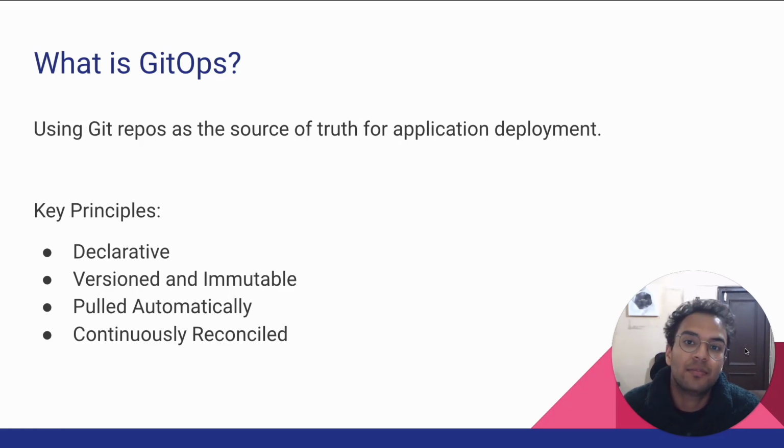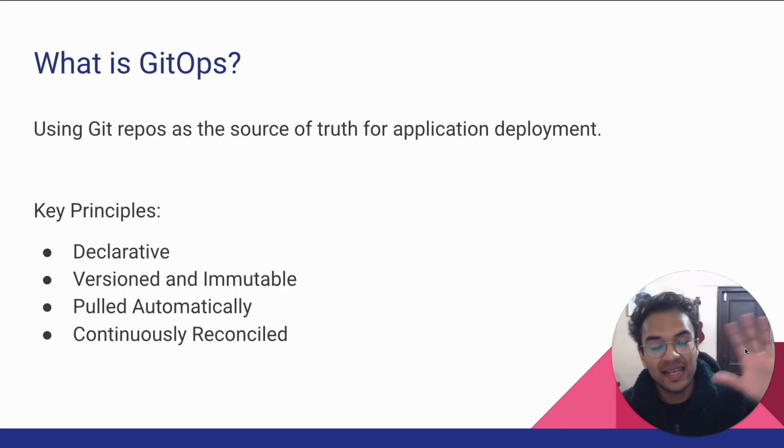Pulled automatically means a GitOps agent will continuously poll the repo where we have stored this declarative and versioned configuration at particular intervals, and it will see whether any changes are needed or not. And if changes are needed, we come to the fourth principle, which is continuously reconciled.